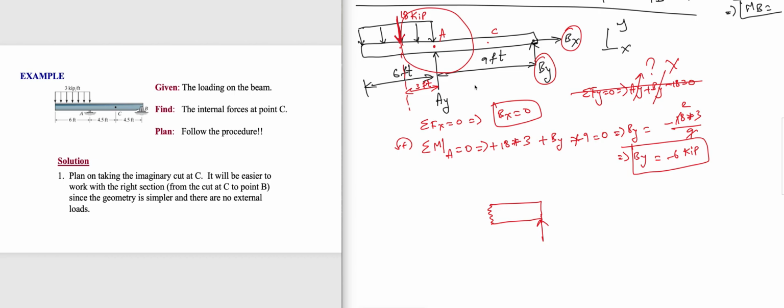We just calculated By to be negative 6 kip. It's fine, write negative in the free body diagram. See, in the original system, you assume By is going up. Stick to that original assumption. Okay, it's fine. 6, and then now you make a cut at C.